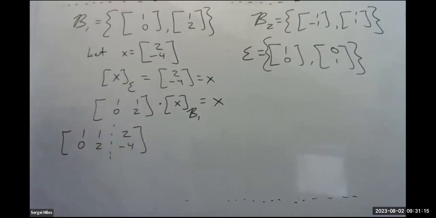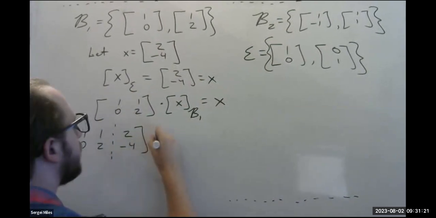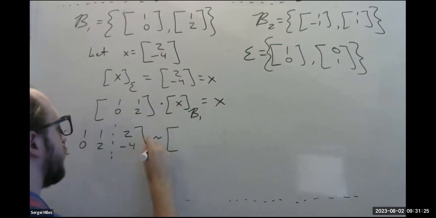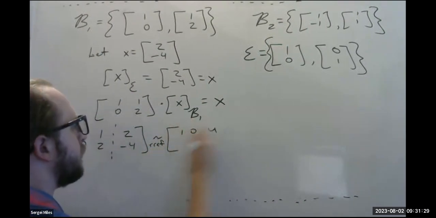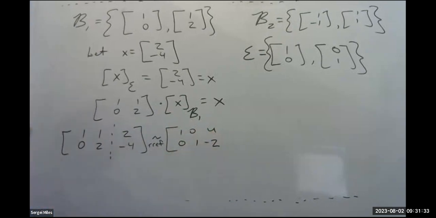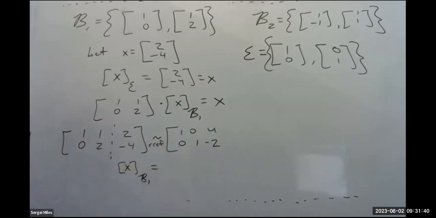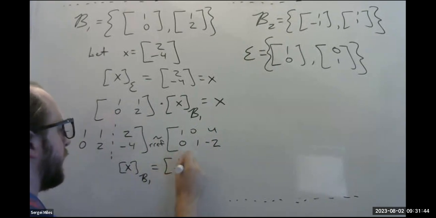Now, lucky for us, this is already in an echelon format, but in my lecture notes here, I already have the reduced form, so I'm just going to go ahead and write out the row reduced echelon form. And we have 1, 0, 4, 0, 1, -2. So in fact, x in terms of B1 equals 4, -2.